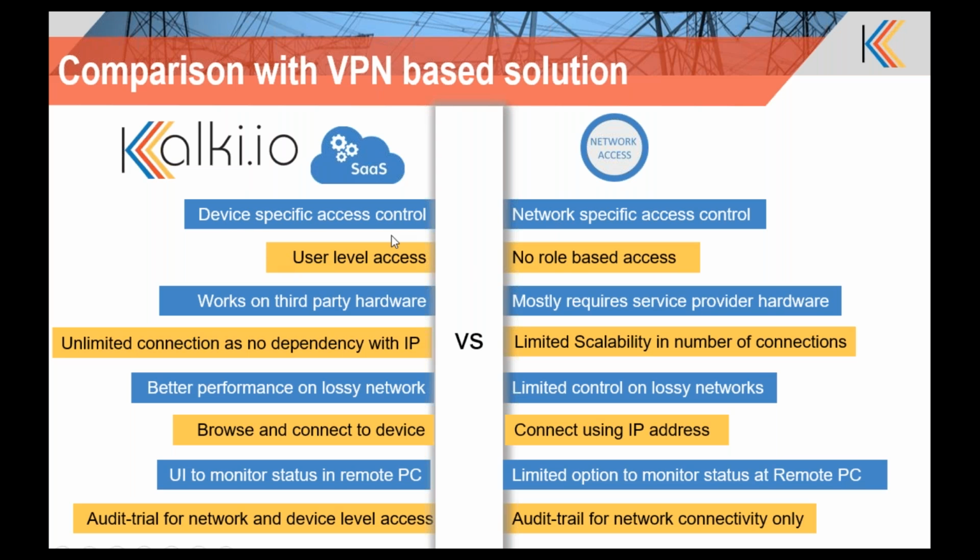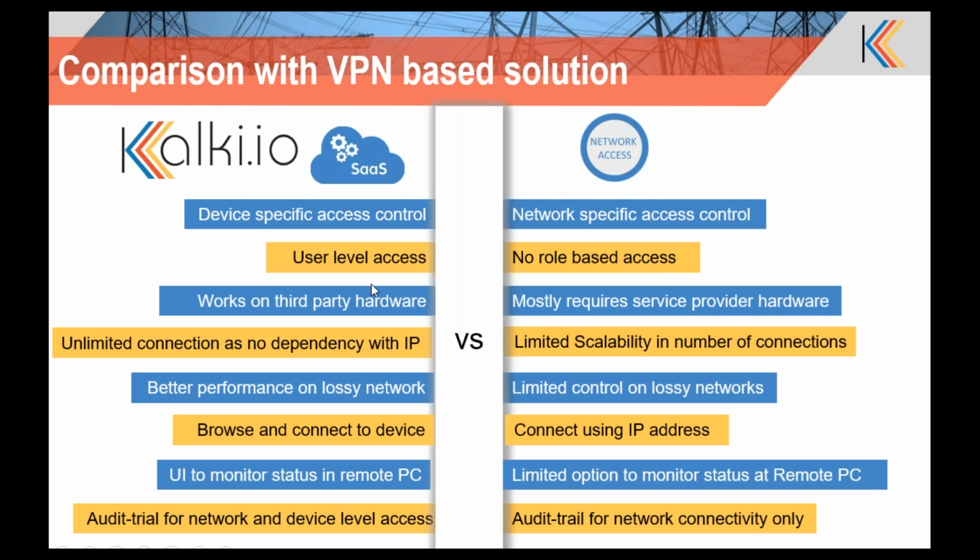But in case of Kalki.io, it's device-specific access control, so all the devices cannot be accessed by everyone. That control is managed and maintained by the role-based PKI infrastructure built into the platform. The same way, user level access is also provided, whereas in a VPN there's no role-based access control.